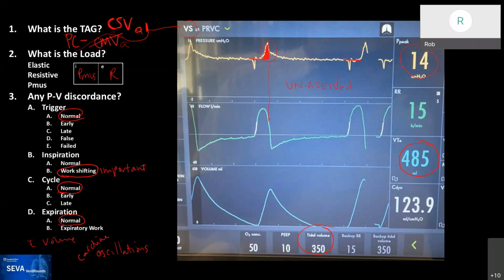Why is that happening? What is the explanation for this uptick? The explanation was very well explained in an article by Magdi Yunus, specifically about this topic, because this is interpreted by many as late cycle. But you can see on the flow that it's crossing the baseline really without any obstruction. The explanation is that as you take the breath in and then you start exhaling, the machine was trying to maintain the pressure during inspiration at a certain level, and it's giving flow to maintain that pressure.